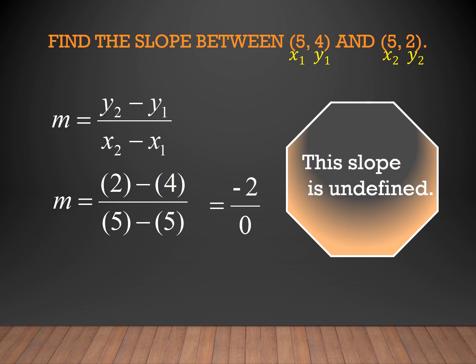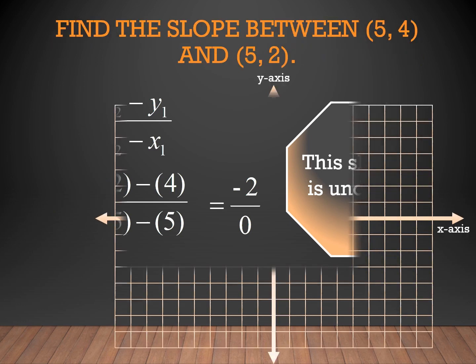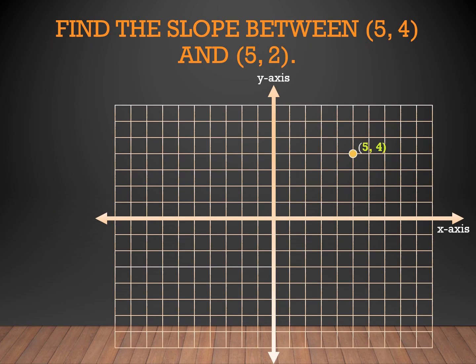Let's see what type of line has an undefined slope. We're going to use the same points we have and graph them to see that line. So these are the same points for which we previously calculated the slope. And we notice they belong to a vertical line. So any vertical line has an undefined slope.